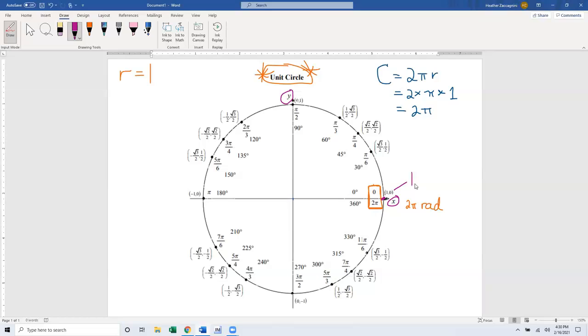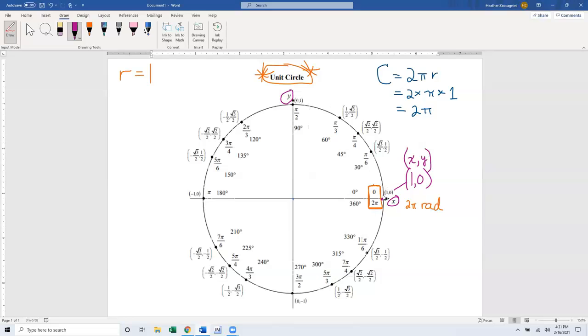I'm going to blow that up a little bit so we can see it, right? It's 1, 0. Well, the order matters. That is the X coordinate, comma, the Y coordinate. And it's always going to be in that order.